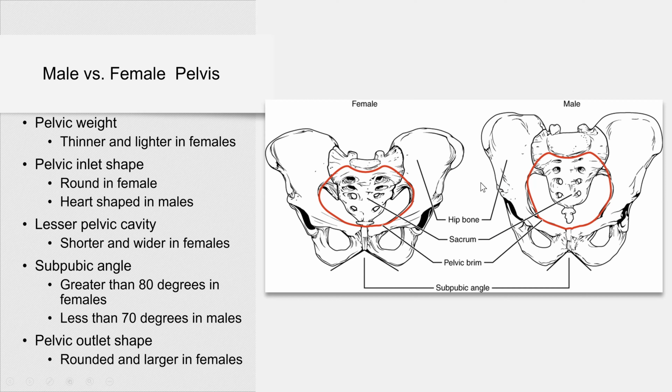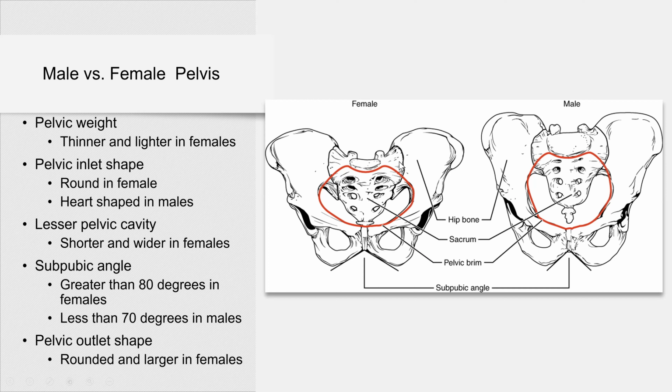Right, so there are many differences between male and female pelvis, and those differences are related to the extra function of the female pelvis, that is bearing a child and giving childbirth. All right, so both female and male pelvis support the weight of your body, allow a point of attachment for your lower limbs, allow movement, and protect your internal organs, but the female pelvis has an extra function.